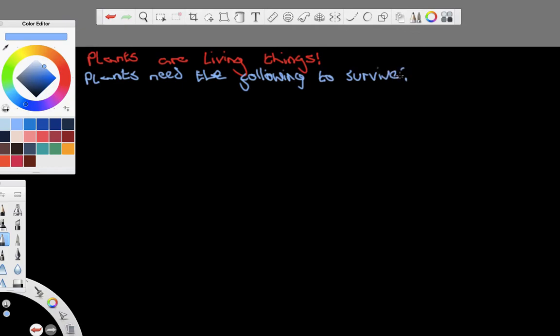You learnt at GCSE and even lower down in the school that plants need light for photosynthesis so that they can make glucose. They need space in which they can grow and survive and live. They need water, and they need nutrients.